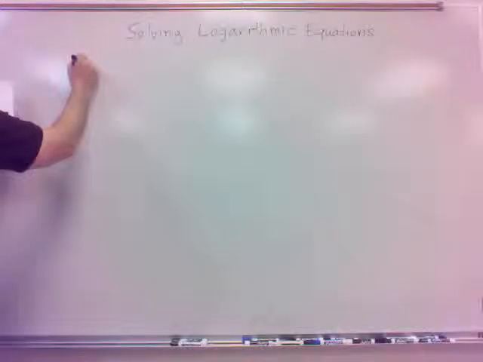When we want to solve logarithmic equations, what we're probably going to run into is mainly a logarithmic equation where you have a logarithm on one side and then a number on the other side. So let's talk about that type mainly here a little bit.